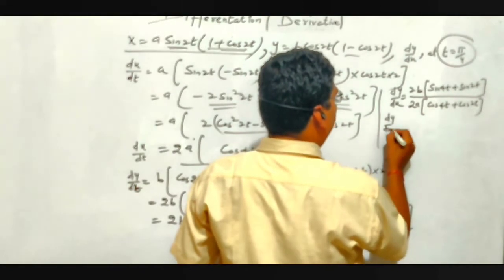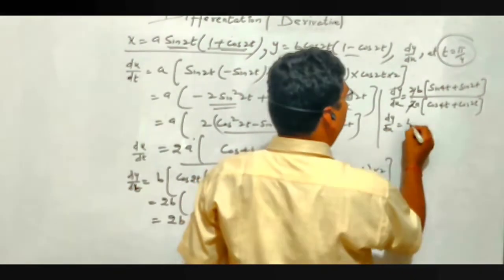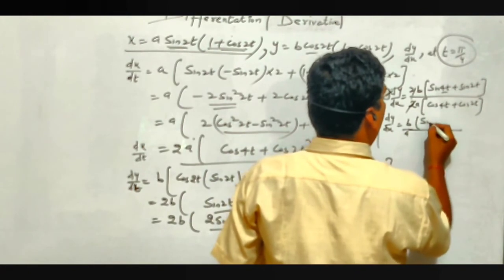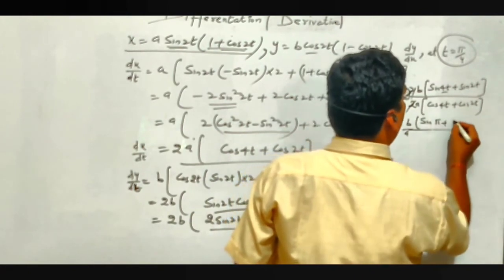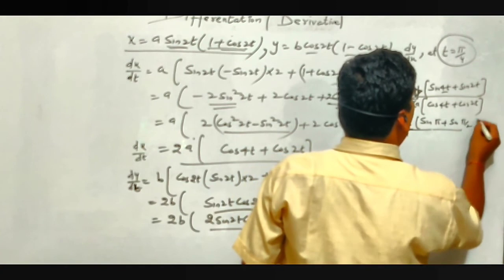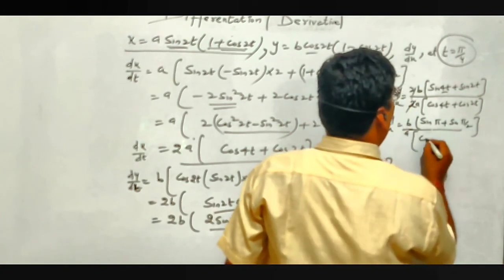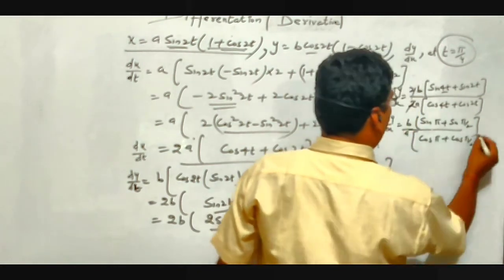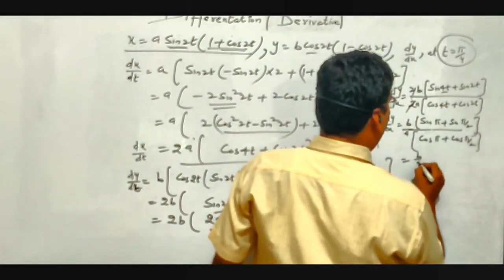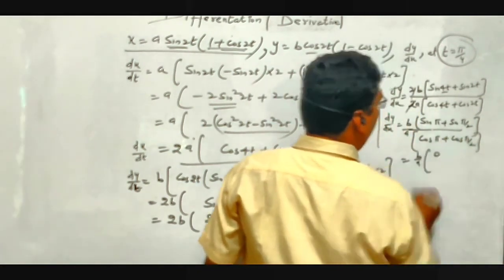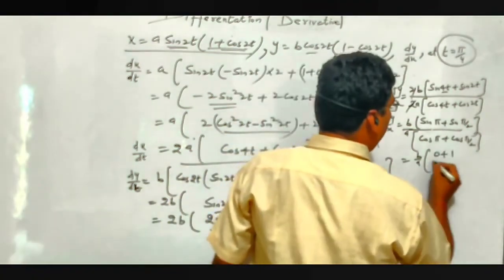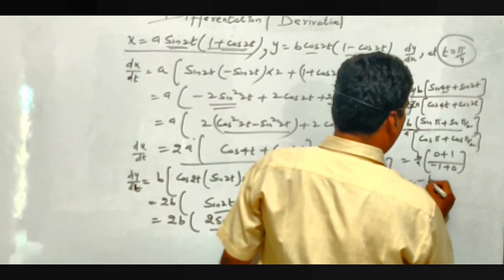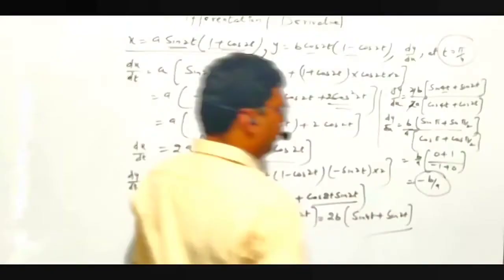The 2s cancel, b by a, that becomes sin pi plus sin pi by 2 over cos pi plus cos pi by 2. Sin pi is 0, sin pi by 2 is 1, cos pi is minus 1, cos pi by 2 is 0. Answer is minus b by a.